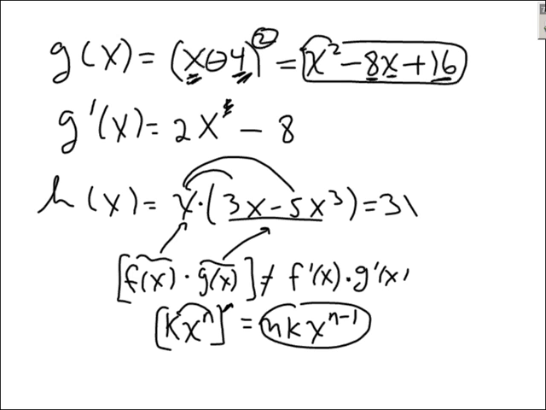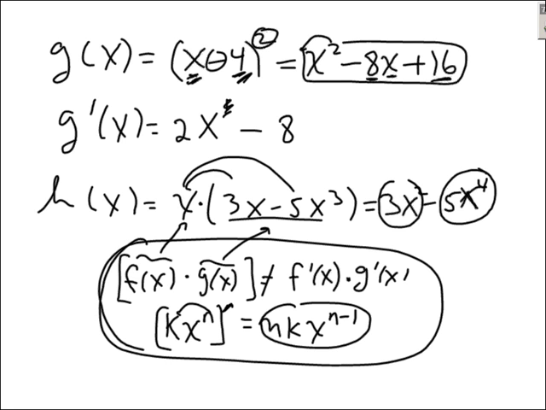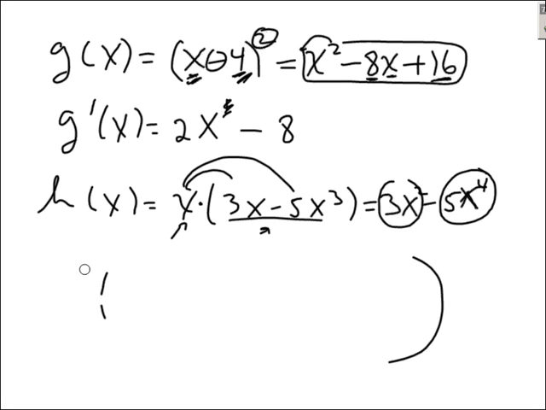So now I have 3x squared minus 5x to the 4th. But that's exactly what I want: a constant times x to a power minus a constant times x to a power. Now it's a piece of cake. Taking derivatives once it's in proper form is very, very simple. And if you're having problems with it, it's just the algebra you're having a problem with, and you need to review it somewhere.